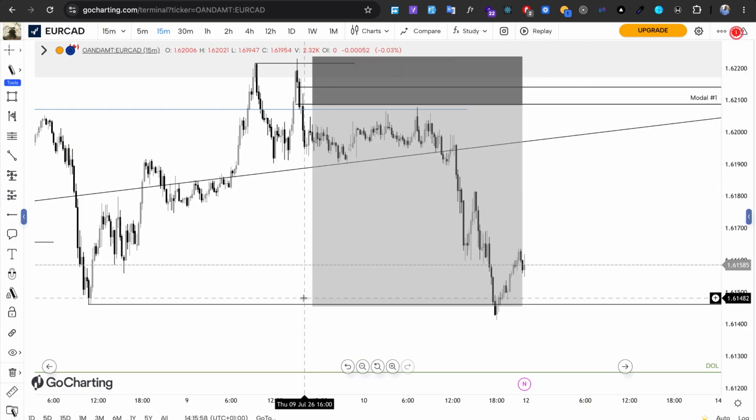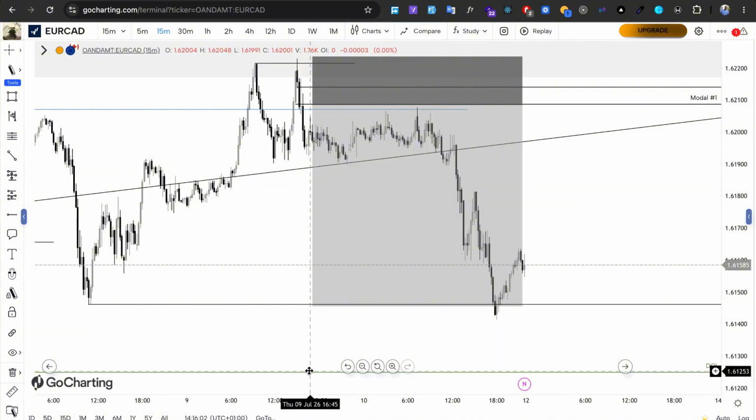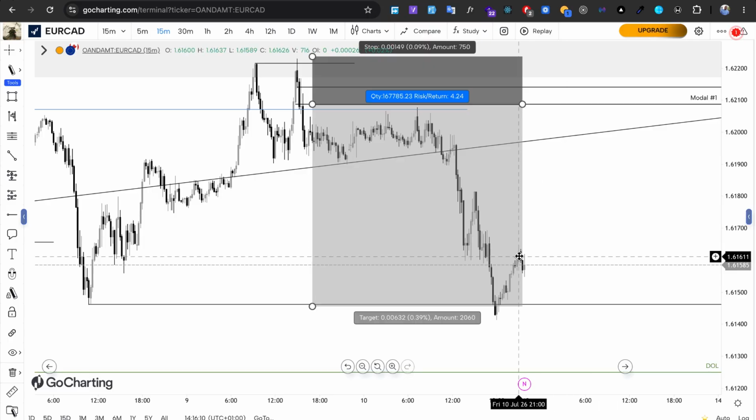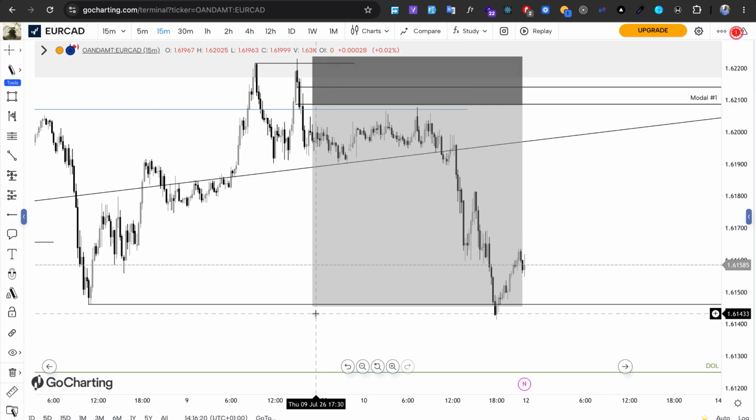If my target had been on this DOR, which would still have worked out eventually, because this is where the market closed last week, I would have said, okay, I will still leave this trade. But I've gotten an objective target already here.